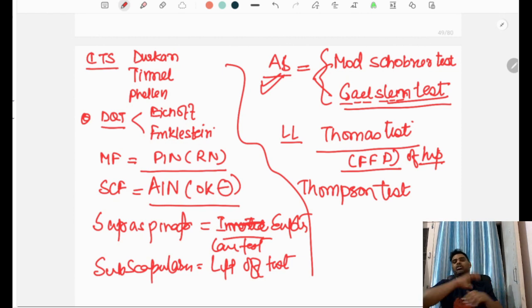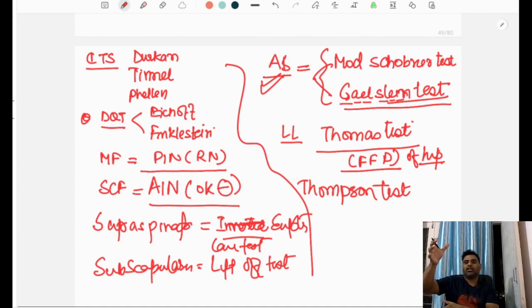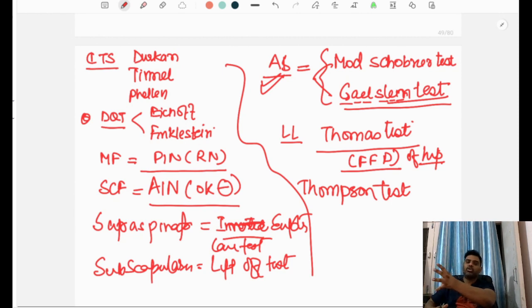The patient is in the supine position, and then you flex his knee and apply force on the calf muscle. There is plantar flexion of the foot. If that is lost, that is known as the Thompson test.